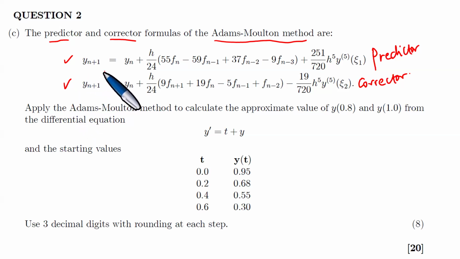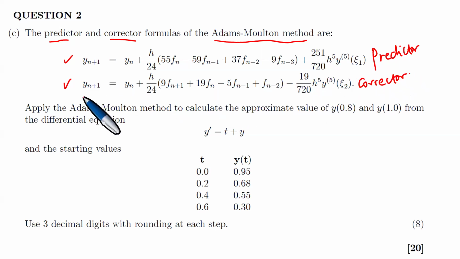The predictor is y_{n+1} equals y_n plus h over 24, 55 f_n minus 59 f_{n-1} plus 37 f_{n-2} minus 9 f_{n-3}, plus 251 over 720 h to the power 5, the fifth derivative of y evaluated at xi1. That is the predictor.